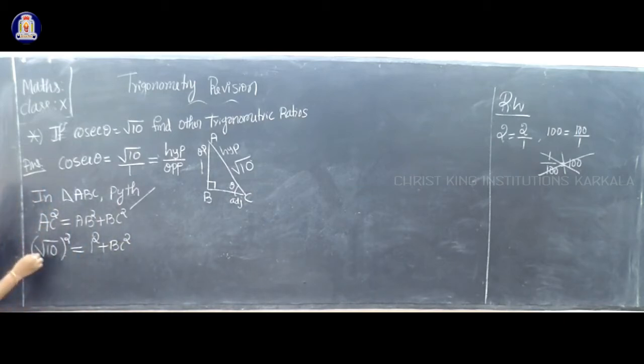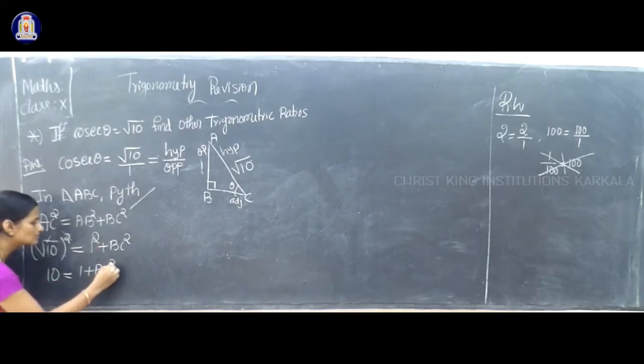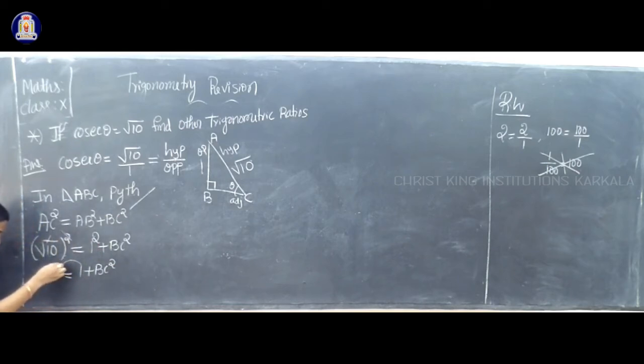Now here see the square. So what is your answer? 10, right? That is equal to 1 square is 1 plus BC square. So now bring this number to this side.